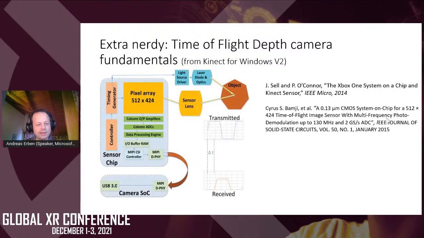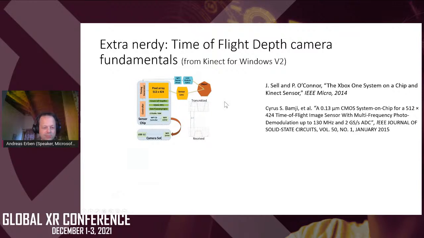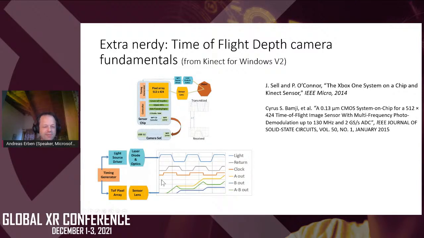For the extra nerdy, there's some information out there that describes how a depth camera actually works. That's an article that you can read in the IEEE Micro. In a nutshell, there are some light emitters, and they emit light with a specific phase, meaning it has a phase shift. Then there's a chip on the other end that receives the light back. So it sees, from the reflections off all the real world objects, the light coming back.